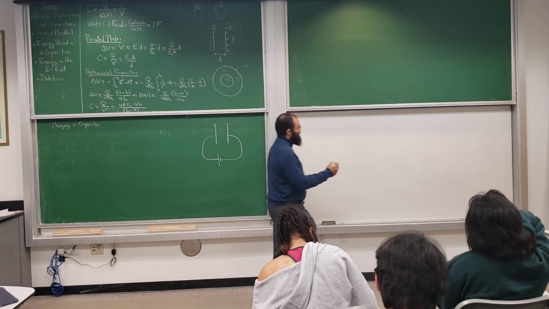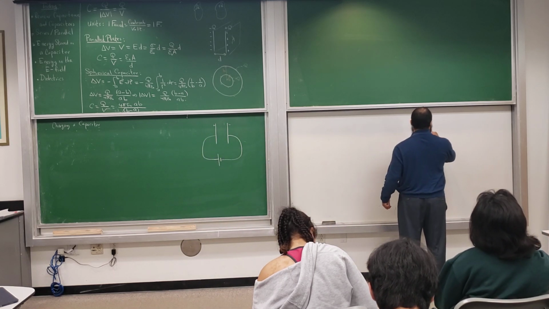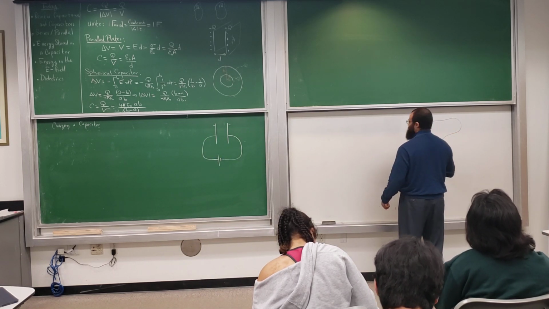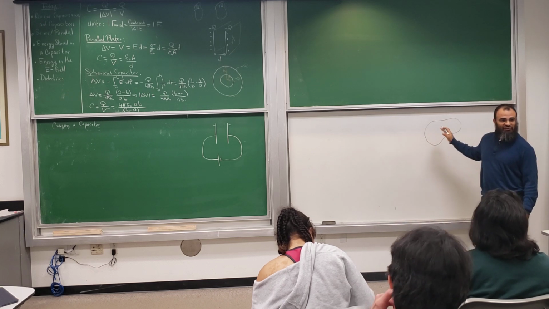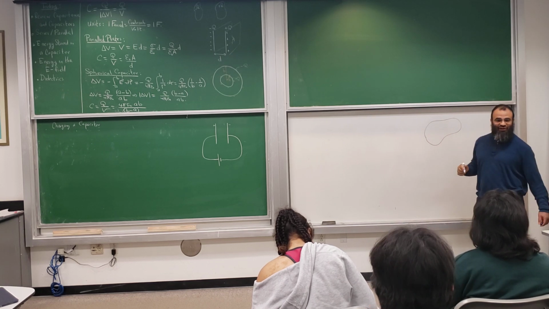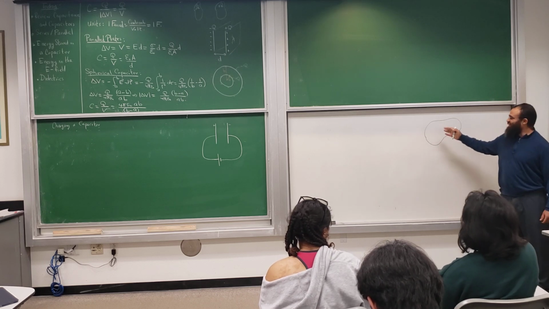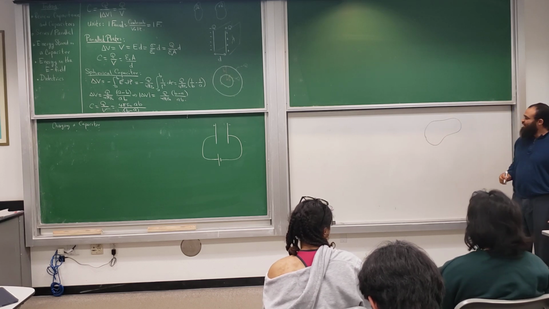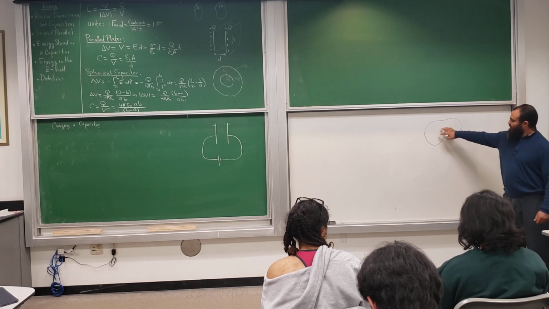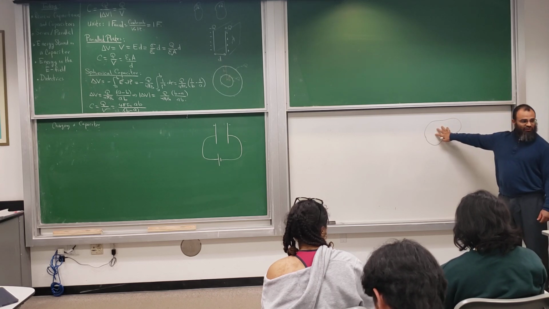So here is a conductor. Take any shape of a conductor. It doesn't have to look like this. I'm trying to draw an arbitrary thing, and always my arbitrary thing looks the same, so it's not arbitrary. That's a conductor. We said the electric field inside the conductor is always zero.